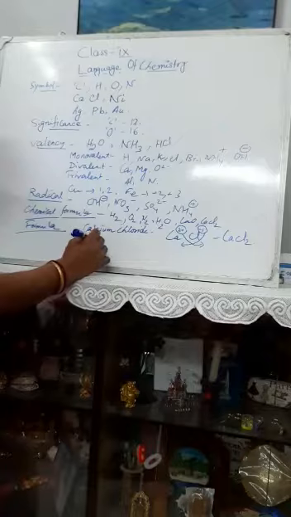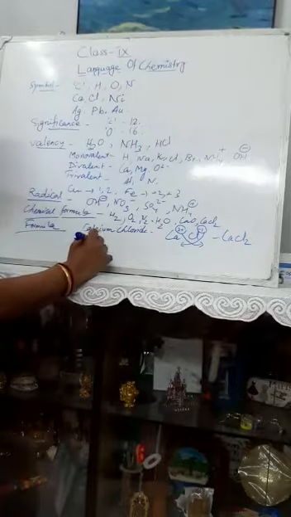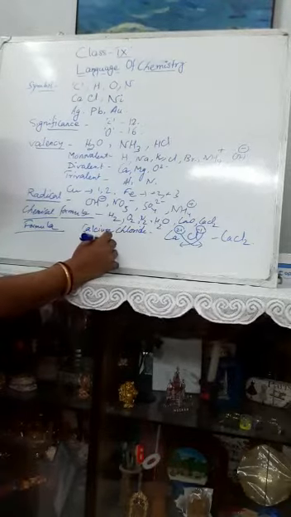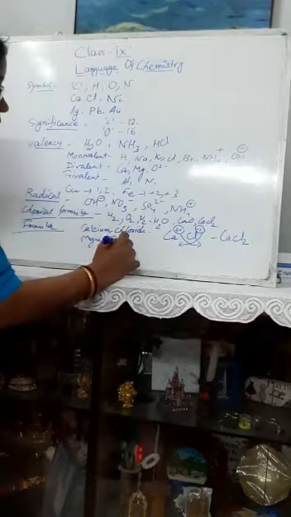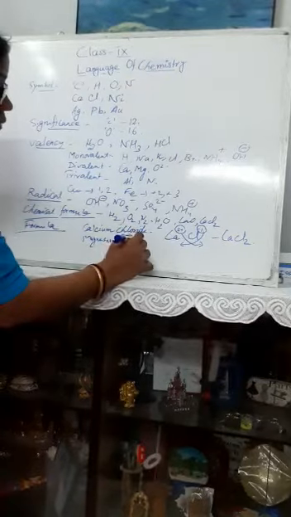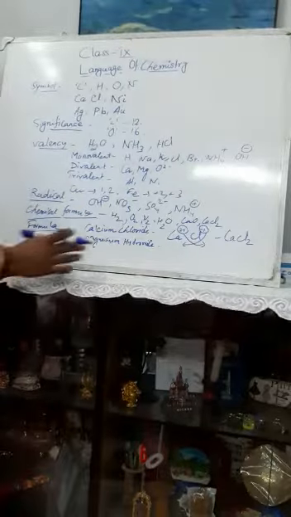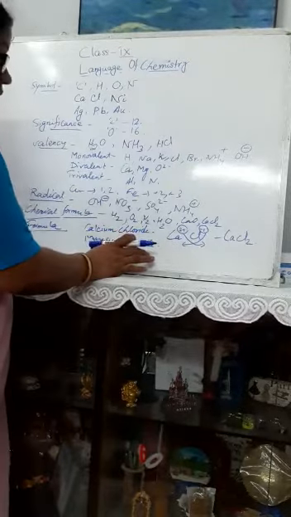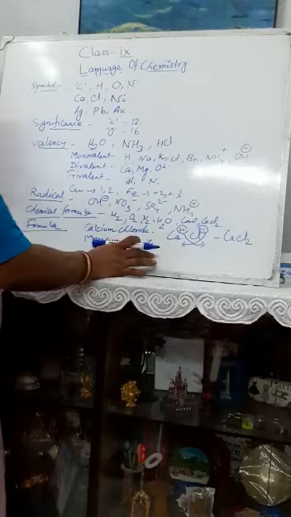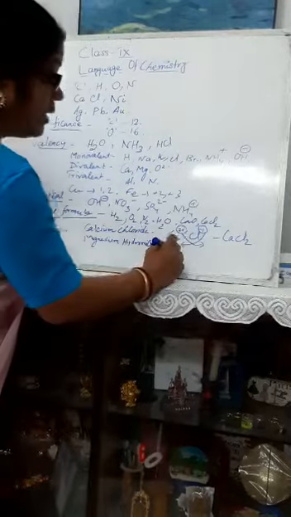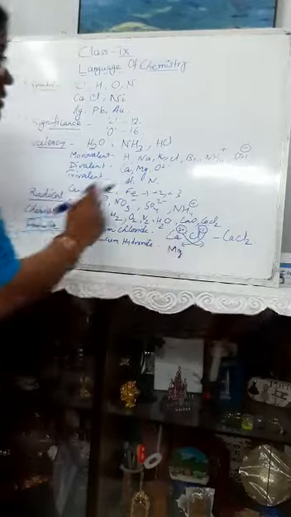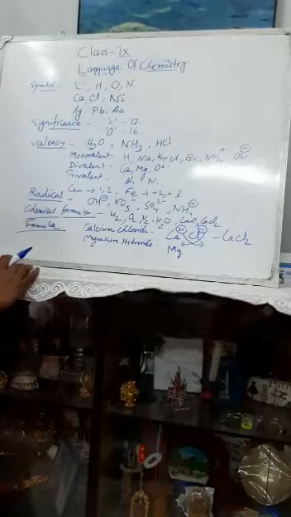If we write magnesium hydroxide, suppose. So which are present in magnesium hydroxide? This part is magnesium, and you know the symbol of magnesium. This is Mg.